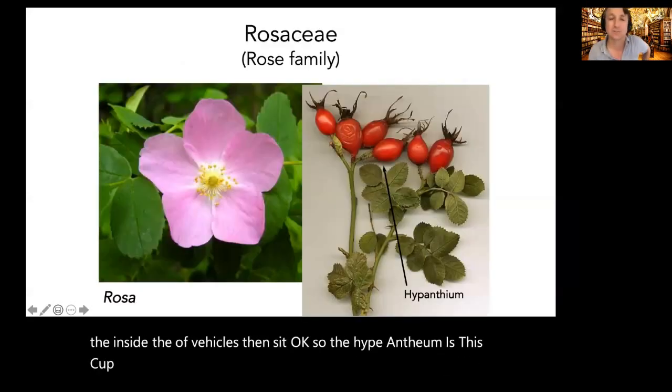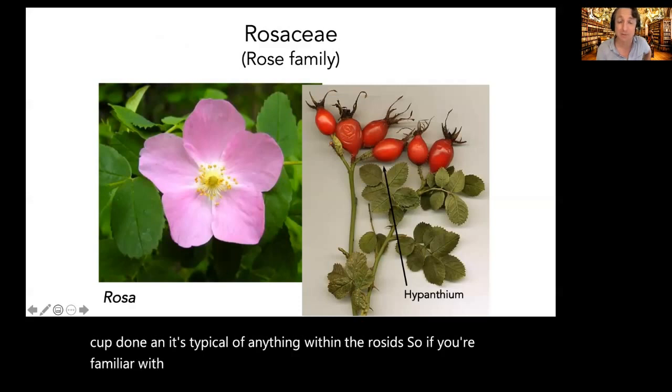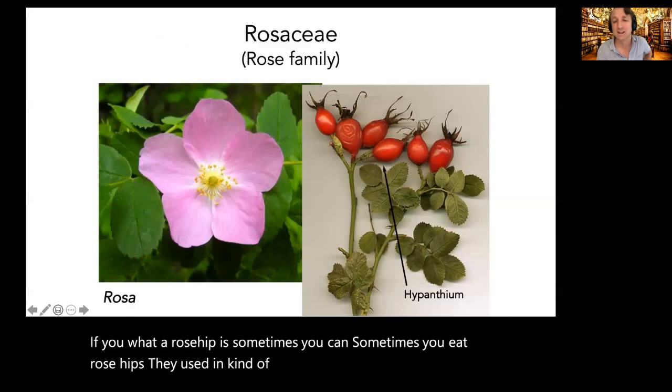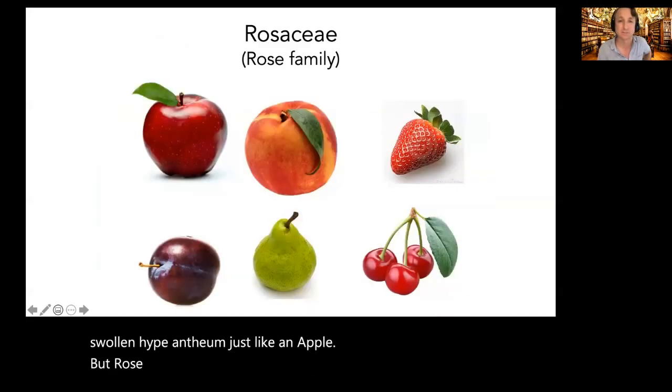And it's typical of anything within the rosids. So if you're familiar with roses, okay, this is a separate family, roses. Rose hips, right? If you know what a rose hip is, sometimes you can eat rose hips. They're used in other really cool things. That is a swollen hypanthium, just like an apple, okay? Rose hips are swollen hypanthiums.